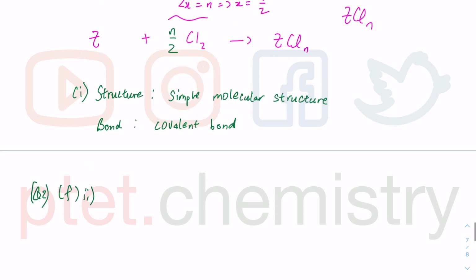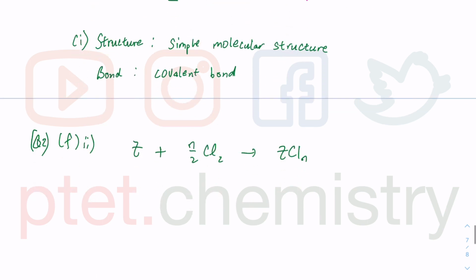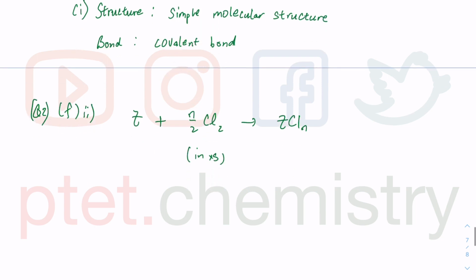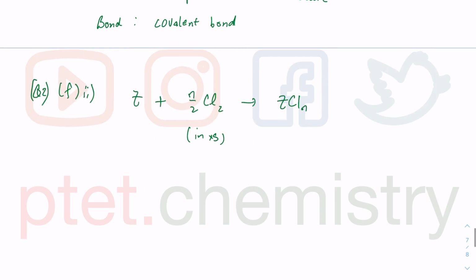As we mentioned here, Z plus that gives you that. If I rewrite that equation, we can start doing our calculation. Remember, this was in excess according to the question, so we're just going to use this value and this value for our calculation. At the moment it is 1 mole to 1 mole, so we can think about 0.020 mole as given in the question, giving you 0.020 mole.